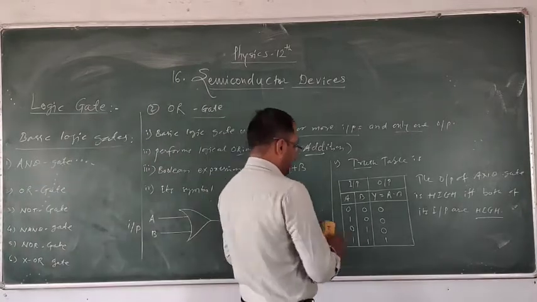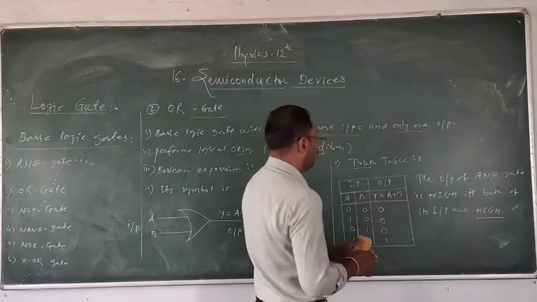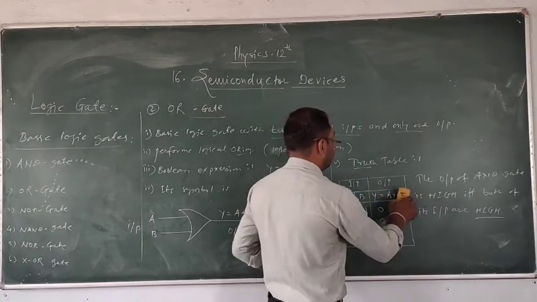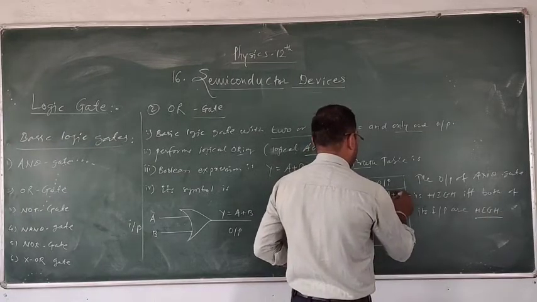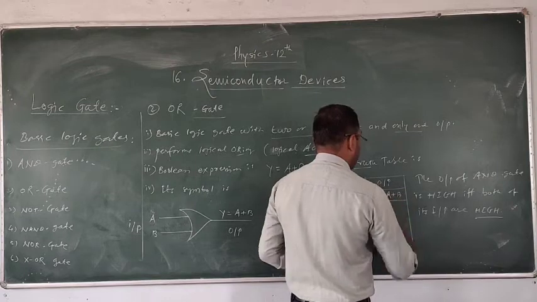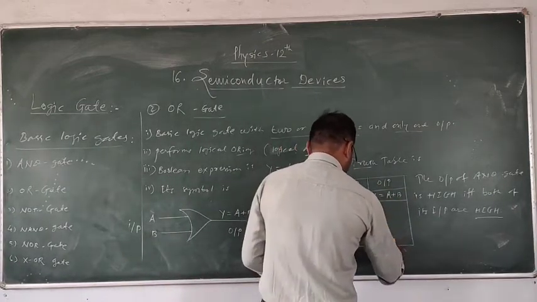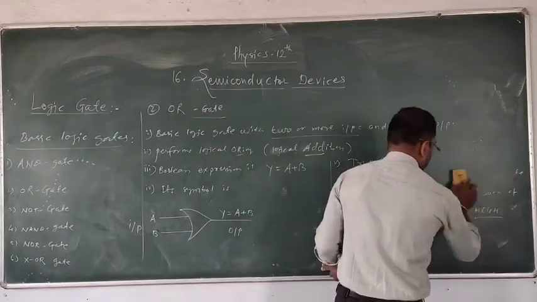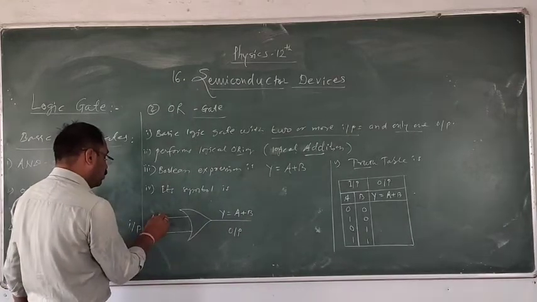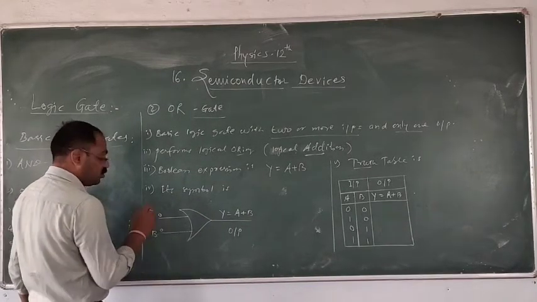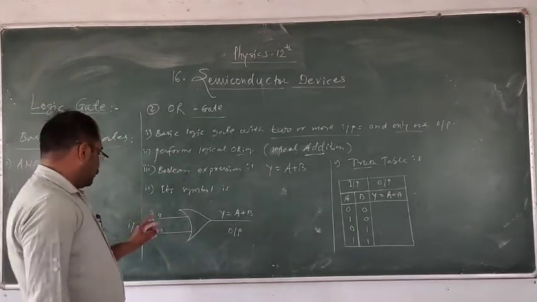Here is the truth table of the OR gate. How many inputs? 2 inputs. A or B. Read as A or B, not A plus B. So here are the 2 inputs A and B. First, both A and B are 0.